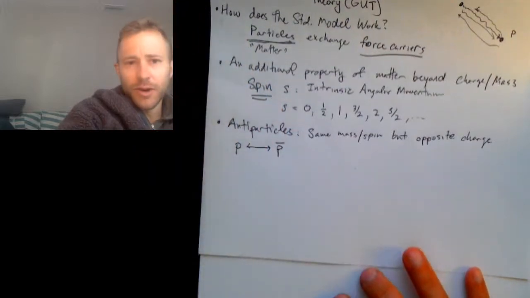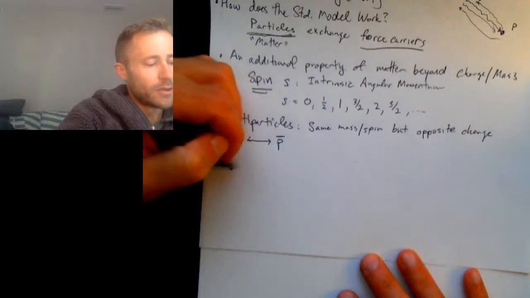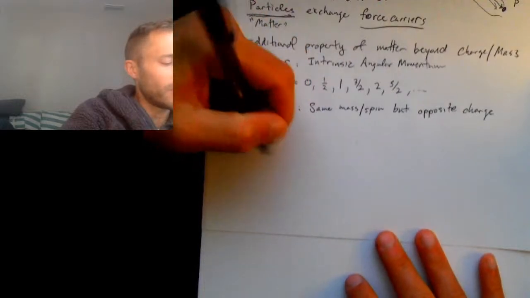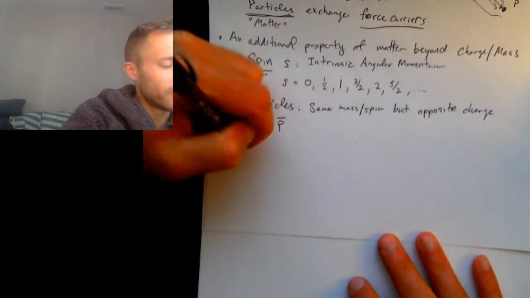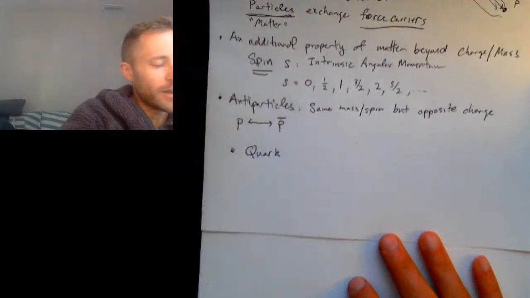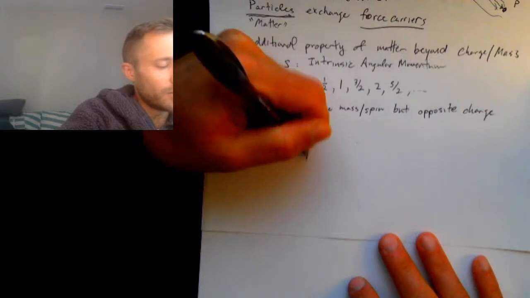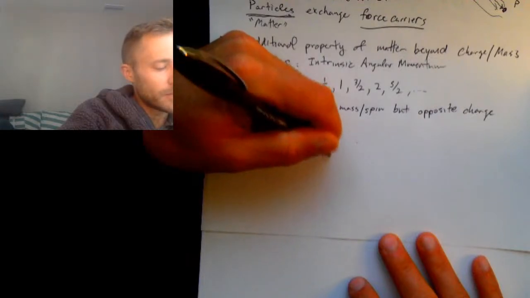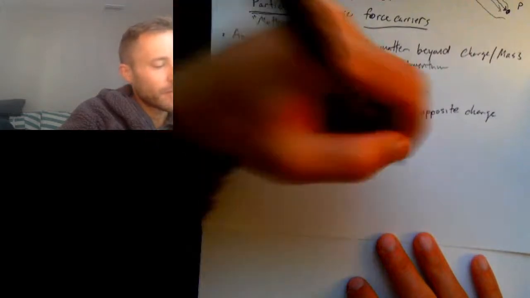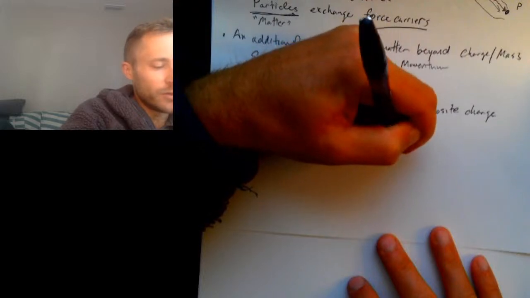So I'm going to describe what are the particles. Okay. So one of the types of particles that occurs in the Standard Model is called a quark. And a quark is a particle that is inside protons and neutrons.